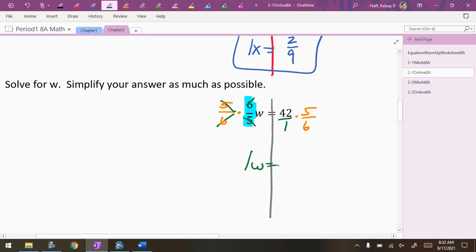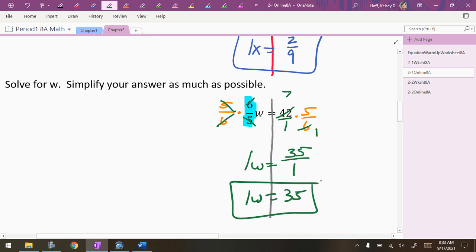Always try those. How many times does 6 go into 42? 7 times. How many times does 6 go into 6? 1 time. So 7 times 5 is 35. On the bottom, what do you have? 1. 35 divided by 1 is 35.